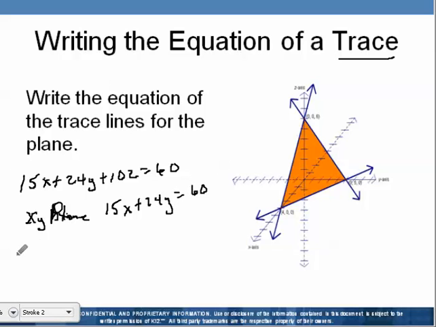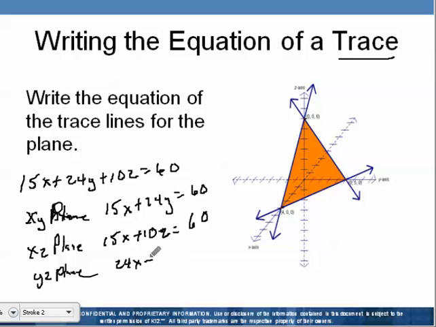The trace on the xz plane would be, well, we've got x and z's on it. That means we just leave the y's out: 15x plus 10z equals 60. If I now want to use the yz plane, I can leave the x out: 24y plus 10z equals 60.